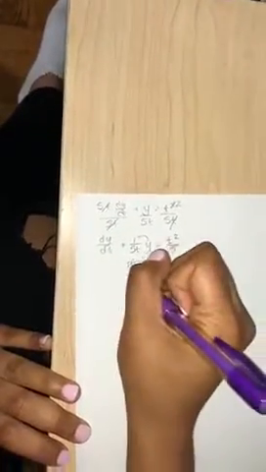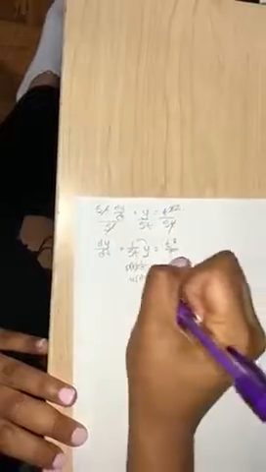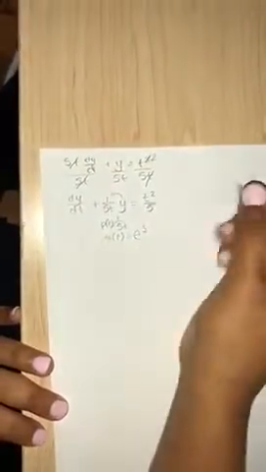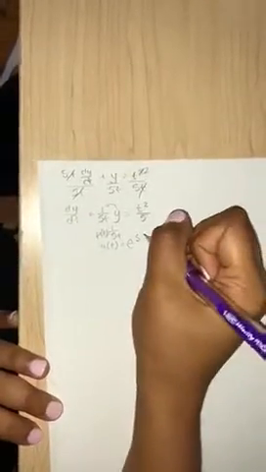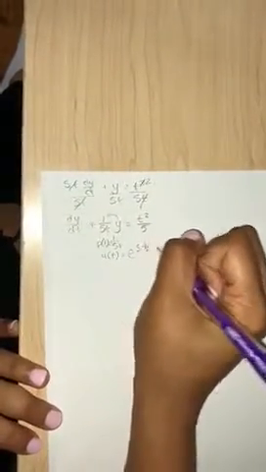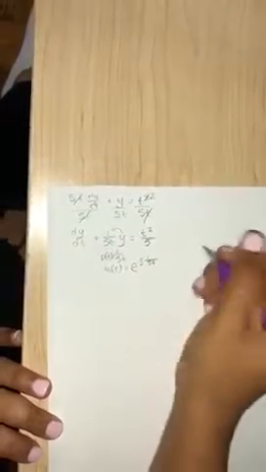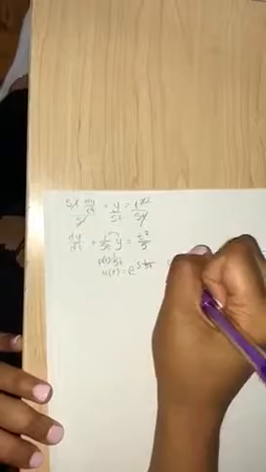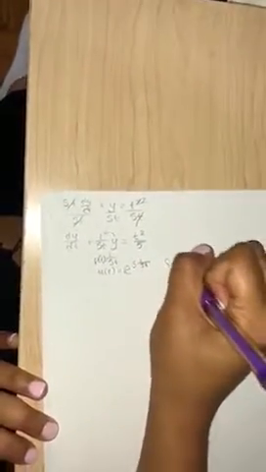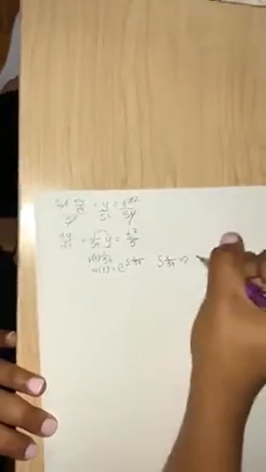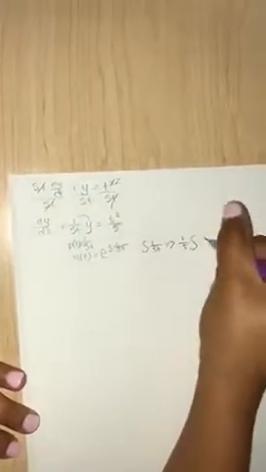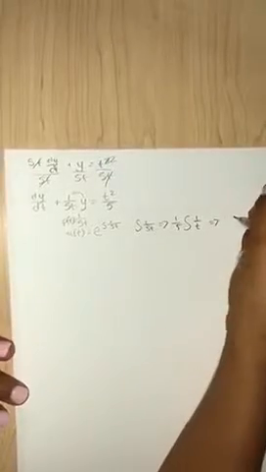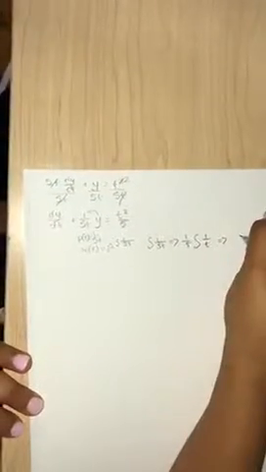And now we solve for our mu of t. So our mu of t would be e to the power of the integral of 1 over 5t. When we try to solve the integral of 1 over 5t, we can bring out the 1 over 5 because it's a constant, and we're left with the integral of 1 over t, which is ln of t.